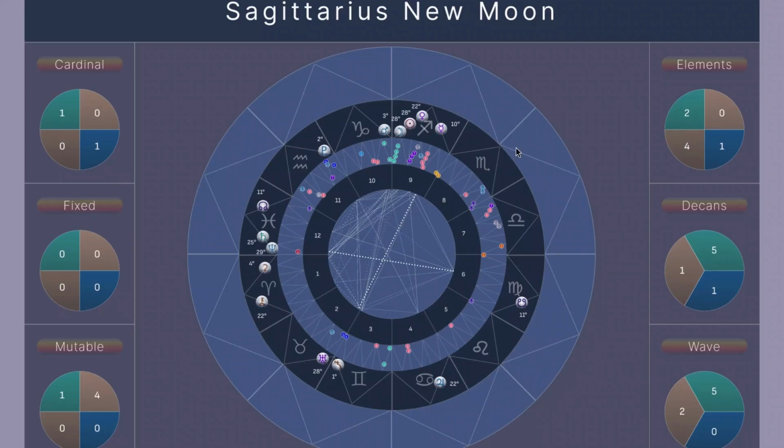There is a square, by the way, between this new moon and Saturn and Neptune, that Saturn-Neptune conjunction. These are now both going direct. So part of our attractor is our dream. We want to understand what our Pisces dream is. That becomes our attractor. And then our daily practice is how we create the structure.